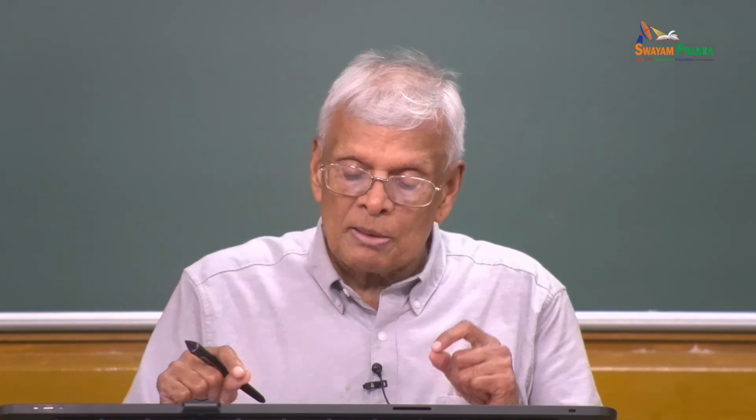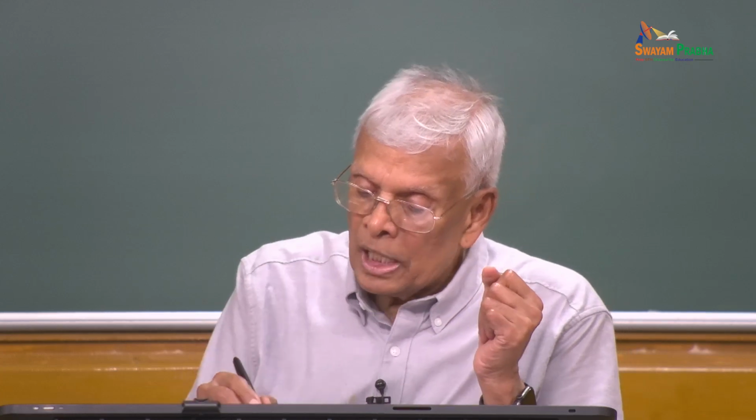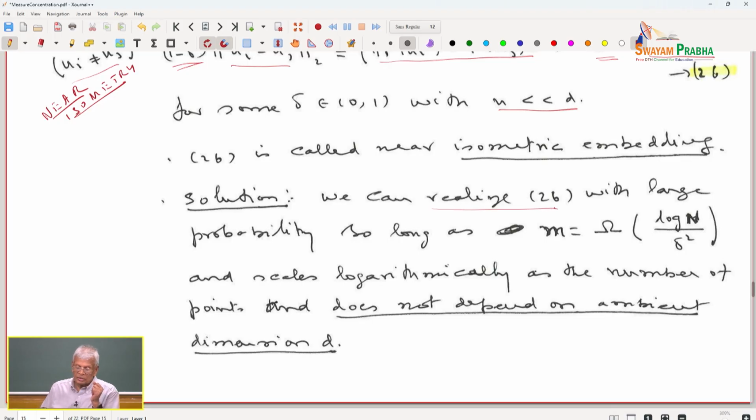So we would like to now talk about how to realize 26 with a very large probability. So this is the concept of probabilistic algorithm. In other words, the near isometry we have to establish not with 100% certainty, but with very high probability.